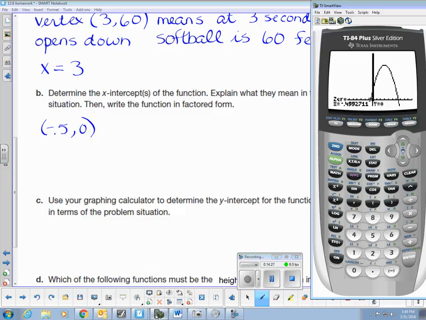I'm going to look at that again, and I'm going to check this on Desmos in just a minute. Let's go ahead and look at the second x-intercept, the second zero. And it looks to me it's going to be at 6.5, 0.